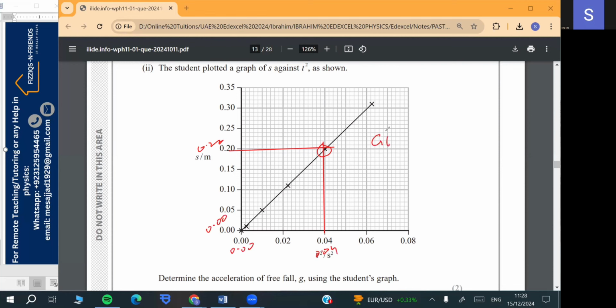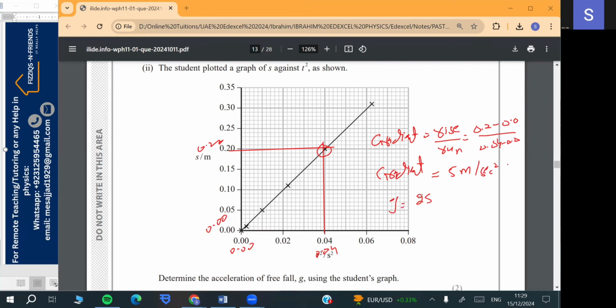So our gradient is going to be rise over run. Rise is 0.2 minus 0.0 and 0.04 minus 0.0. The answer for this gradient is 5.